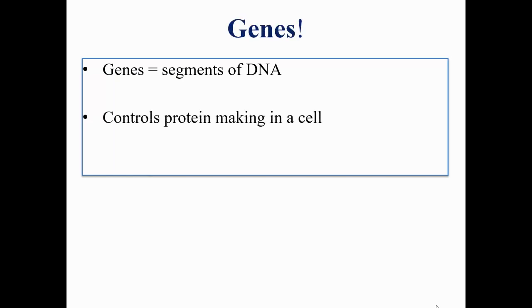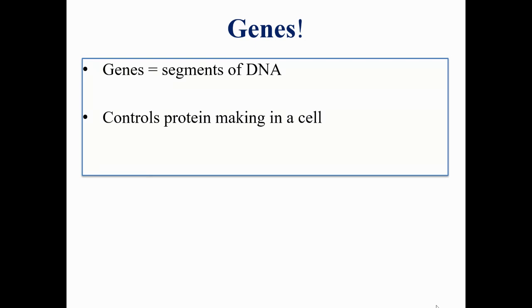So genes, we're not talking about the ones you're wearing. Genes are the things that make you, you. They come from your parents. They're made up of segments of DNA, and they're what make proteins.